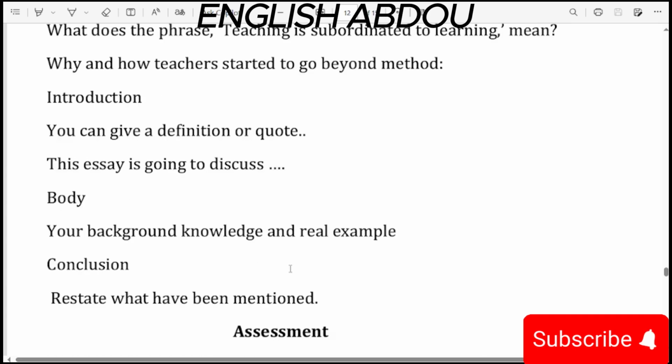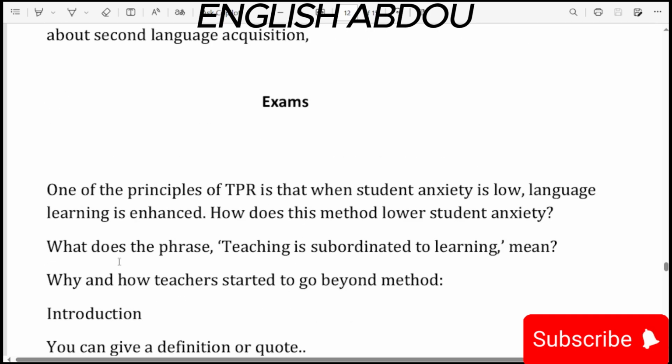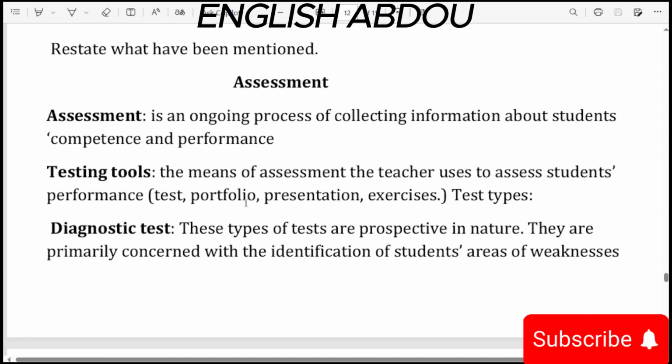This is concerning the methods and, in general, the exam. Now, assessment. When we say assessment, in general, it is evaluation. We need to see the level the students can reach when we have taught them something, and how much they get from the lesson we explained.